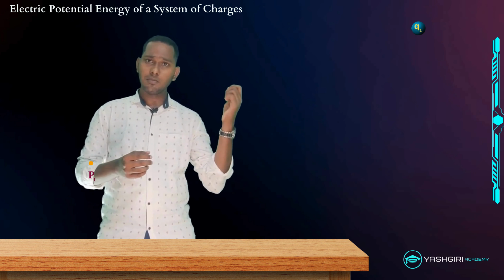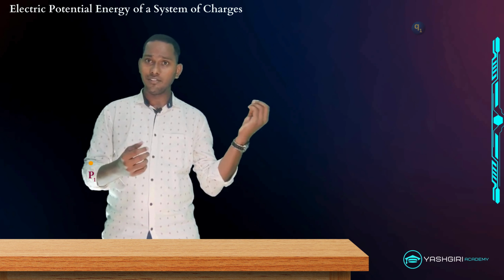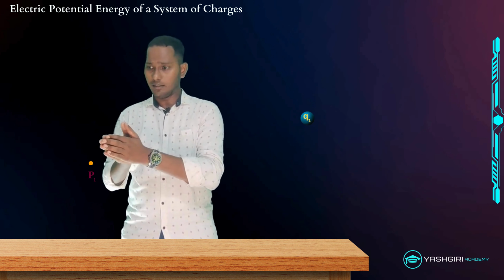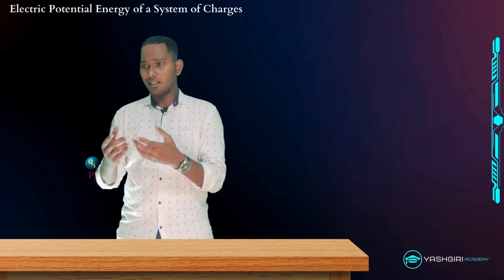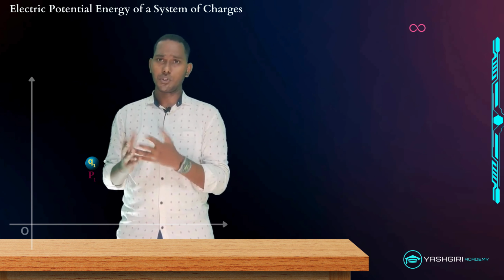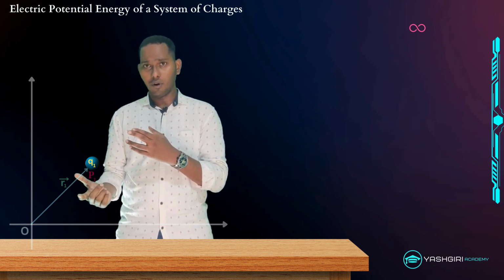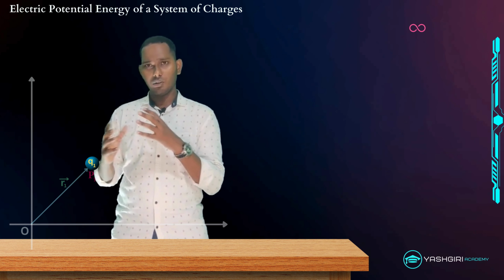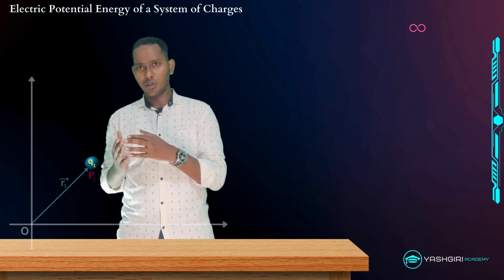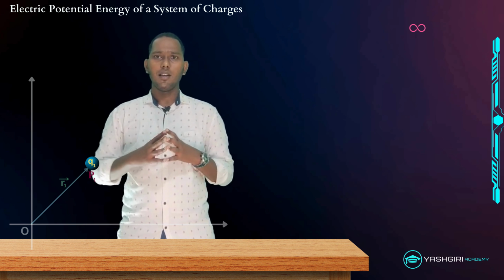So let me bring that Q1 charge from infinity to this particular point P, and let me say this charge Q1 is at some position vector R1 from the origin. This is just for reference that I'm choosing this position vector.